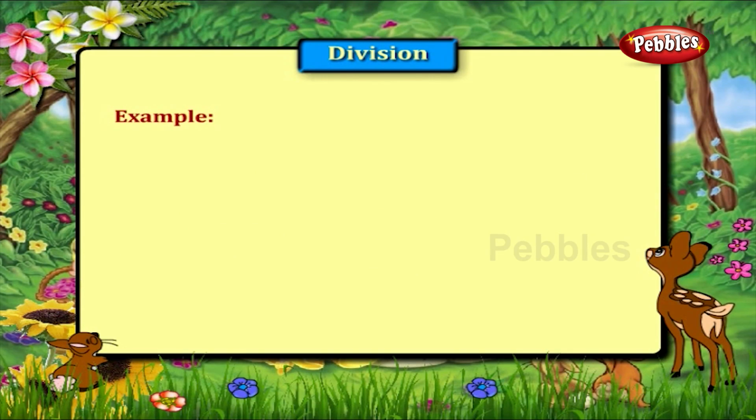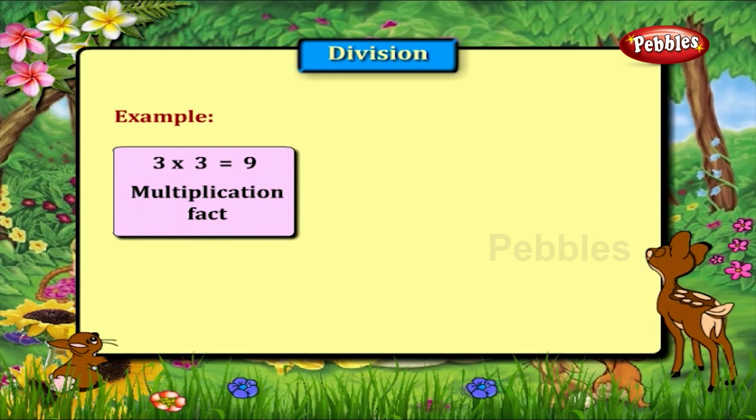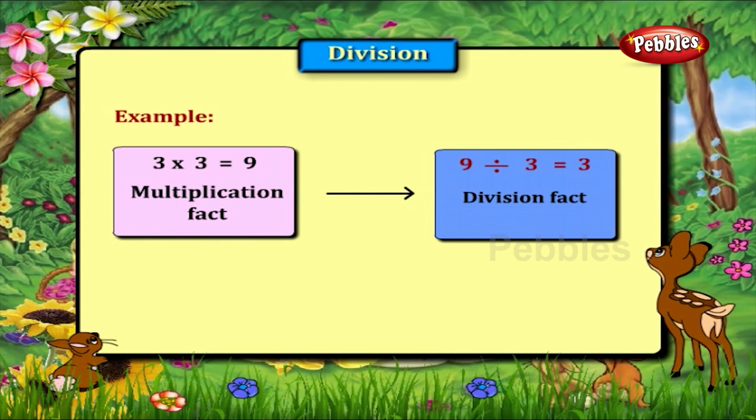For example, 3 into 3 is equal to 9 is a multiplication fact. The corresponding division fact for this will be 9 divided by 3 is equal to 3.